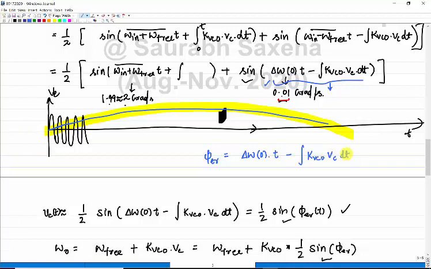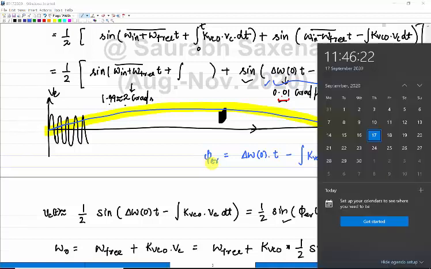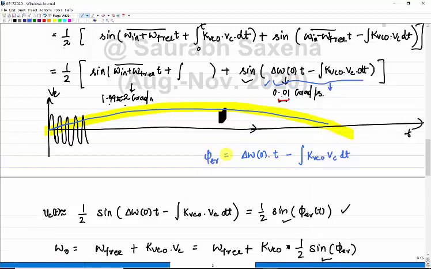When I say there is no cycle slipping, it means this particular phase error during the process of locking never exceeds 2 pi. It is bounded by 2 pi.